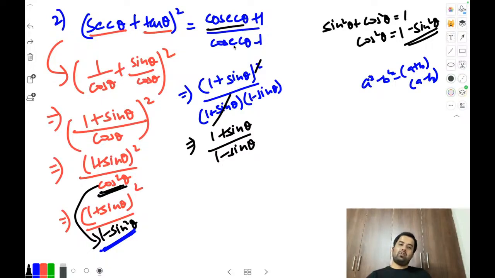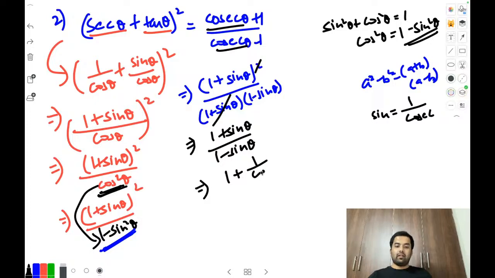We have to answer in cosec. So as we know that sine reciprocal is what? 1 by cosec only. Replace that. 1 by 1 plus, we kept it, cosec, and here 1 minus 1 by cosec. Take LCM.